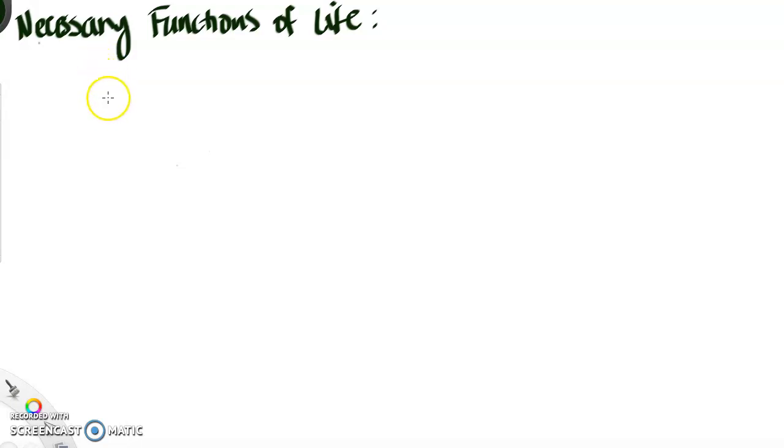So there are certain functions that are necessary for life, and these functions are provided by organ systems. The first one is organization.